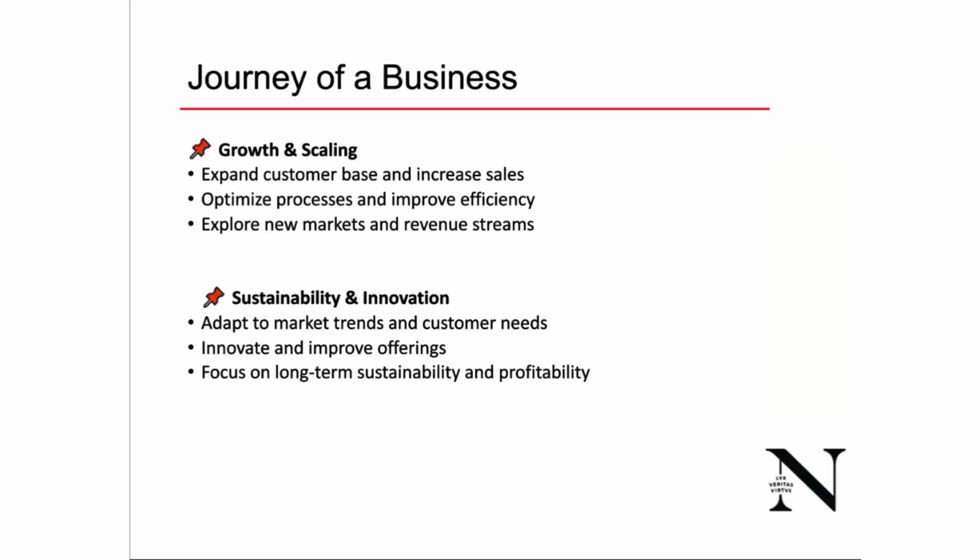Explore new markets and revenue streams. When we are looking at growth and scale, we have to see that if I want to move from one owner to multiple ownership, I have to look for a different location where I can market my product and generate revenue.